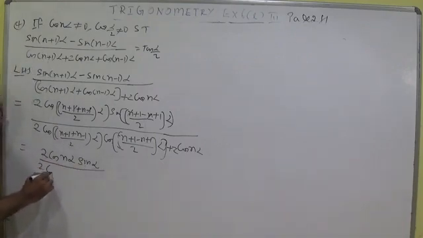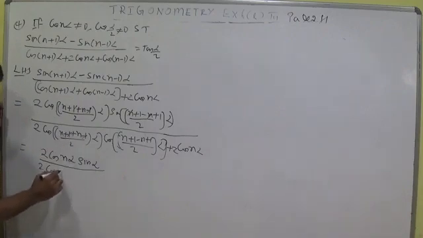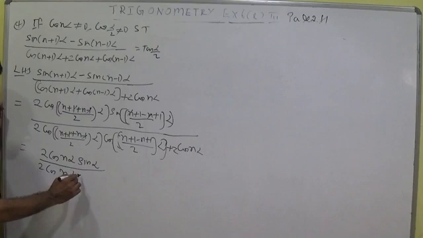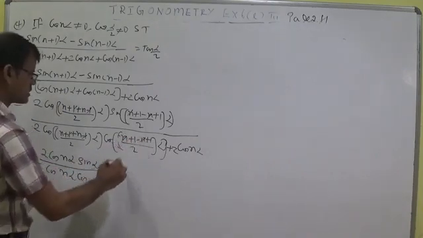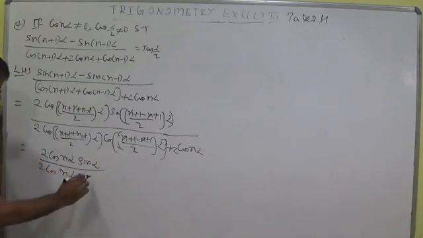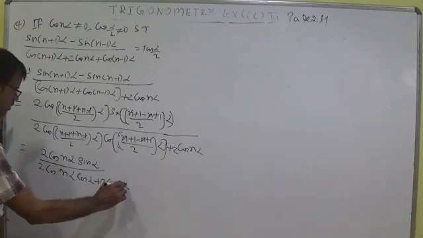In the similar way, here also 1 minus 1 get cancelled, 2n by 2 becomes n alpha. So this is 2 cos of n alpha into cos, the n's get cancelled, 1 plus 1 becomes 2, 2 by 2 becomes 1. So this is 2 cos alpha, plus 2 cos n alpha.